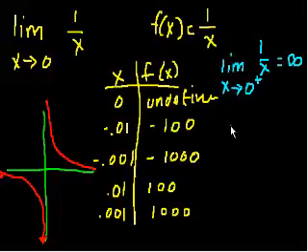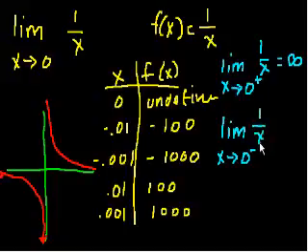And then the limit as x approaches 0 from the negative side of 1 over x. This notation just says the limit as I approach from the negative side. So as I approach x equals 0 from this direction, what happens?